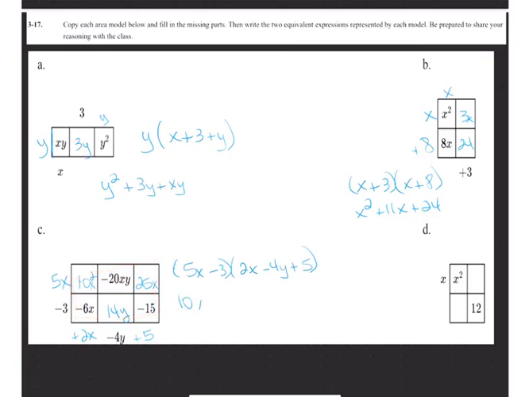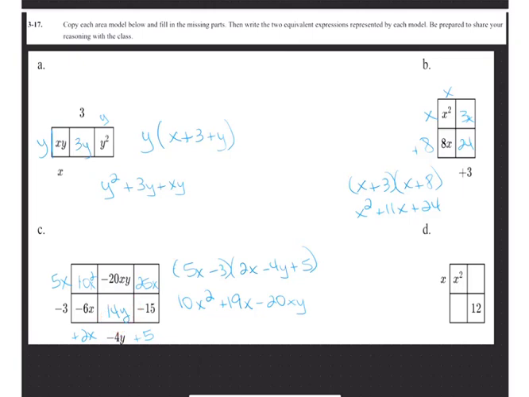So I have 10x squared. Let's see how many x's. I got negative 6x and 25x. That's going to give me a positive 19x. And then I got xy's. I don't have any other xy's, so I have minus 20xy. Y's, I got any other y's?